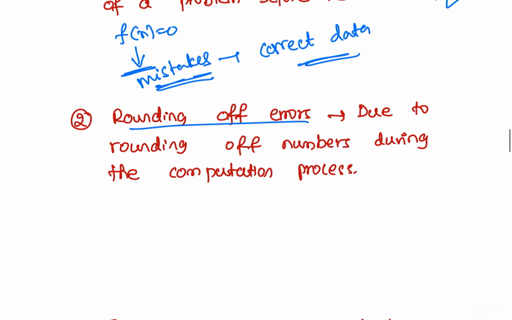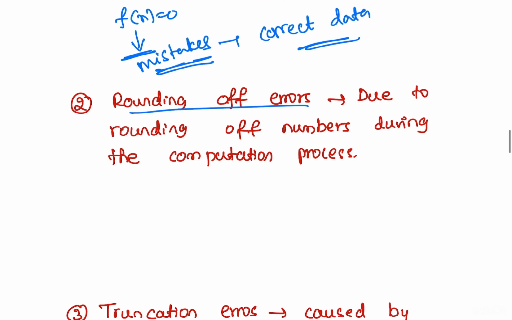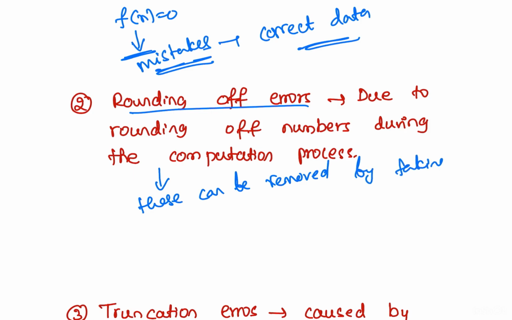Now rounding off. There may be errors due to rounding off of numbers. This can be removed by taking more digits after the decimal places, or taking more significant digits.